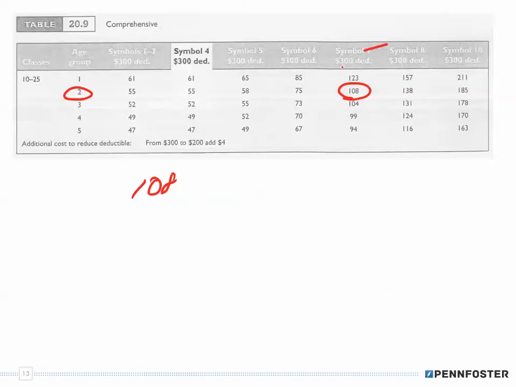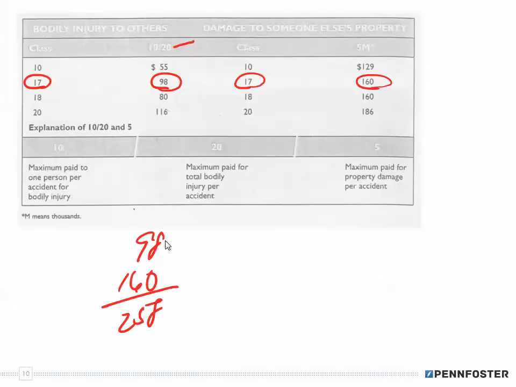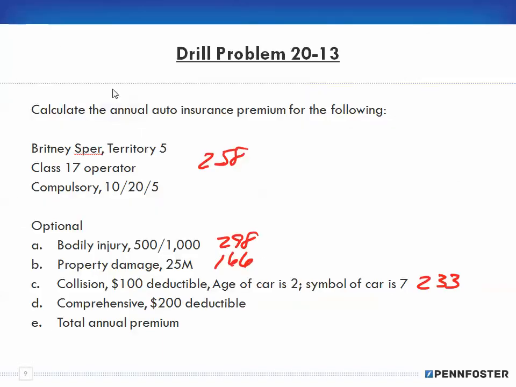But notice that's for a $300 deductible, and we want a $200 deductible. It says here, from 300 to 200, add $4 more. So I add 4, and that's 112 for that. Now our total annual premium is just adding all of these numbers up.